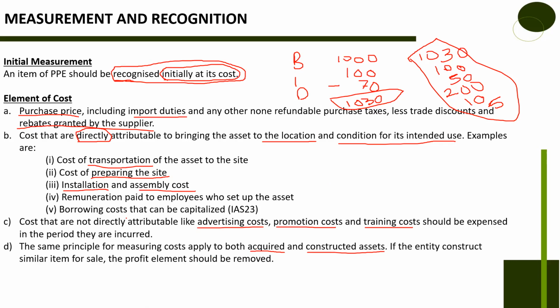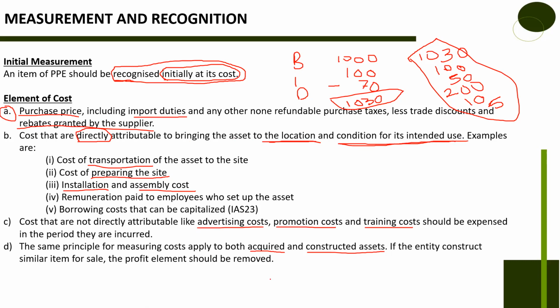Okay. So this same principle that we applied here, we said elements of cost. What we are going to add is the purchase price. We'll add all the import duties and all the costs that are directly attributable to bringing the assets to the location and to our desired condition of use.